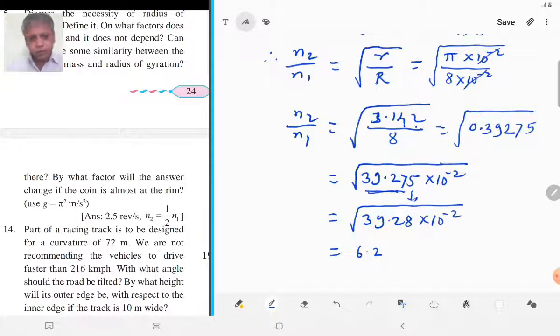6.267 is the value of the square root of 39.28, and the square root of 10 raised to minus 2 is equal to 10 raised to minus 1.